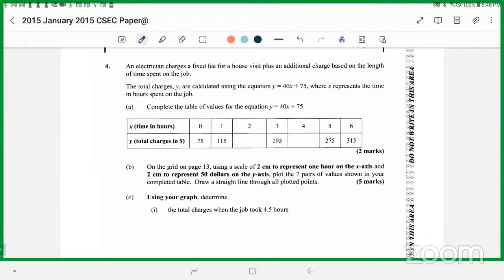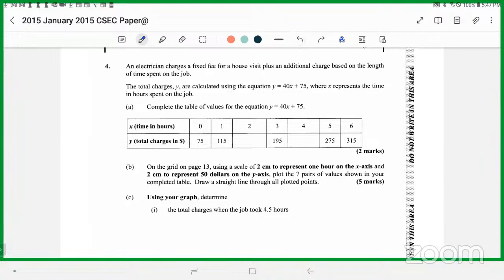It says complete the table below for this equation. Well, firstly, they keep adding 40 because you start out at 75 here. And then for every hour, you add $40 more.